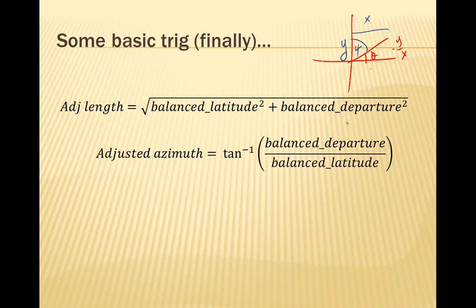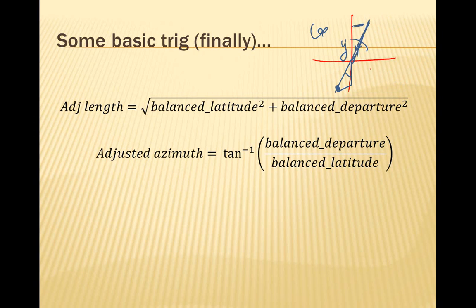Now the thing that we do have to take into account is that when we're doing inverse tangent, we need to pay attention to whether we're in this quadrant, this quadrant, this quadrant, or this quadrant. Because if we have two negatives, I could be down in here, and a negative over negative is a positive.